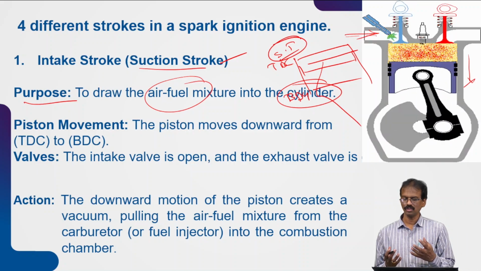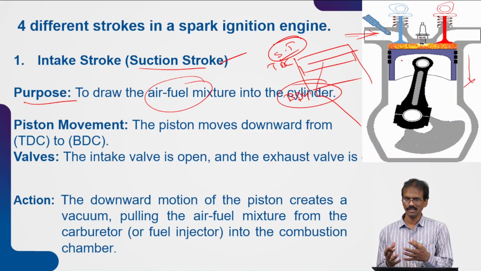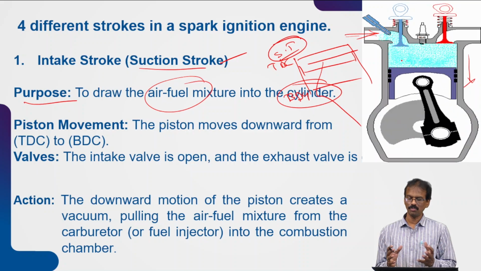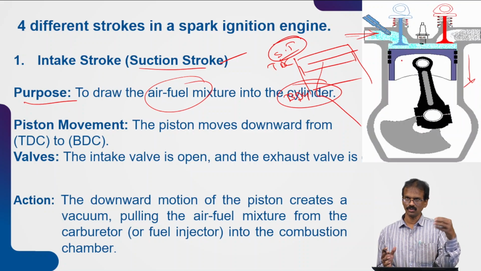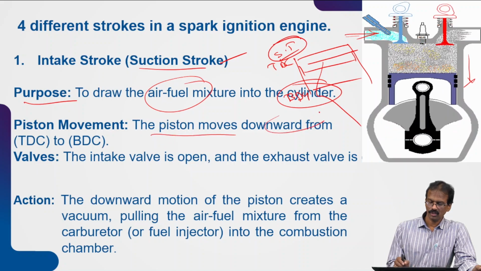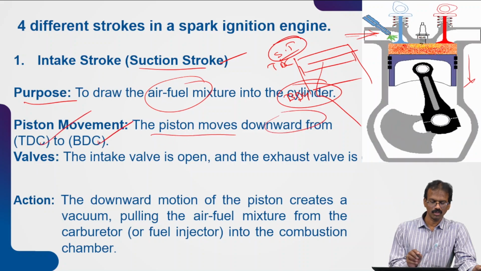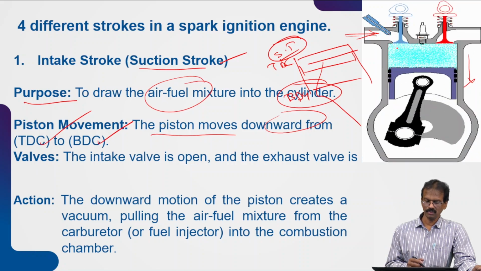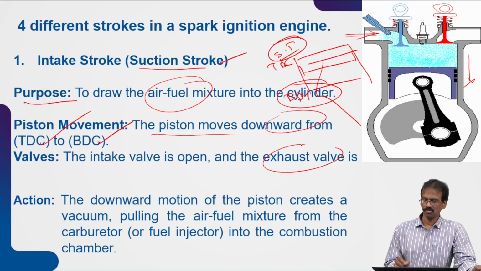Vacuum means the pressure inside the cylinder is less than outside, so the air fuel mixture automatically comes into the cylinder. The piston moves downward, the inlet valve is open, and the exhaust valve is closed.